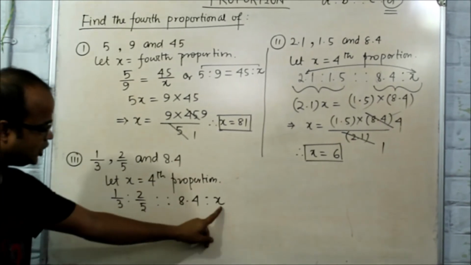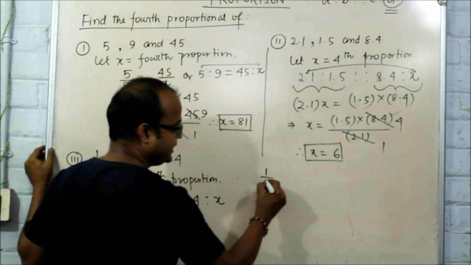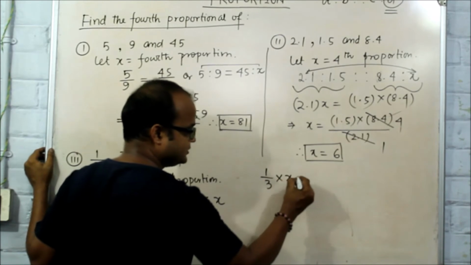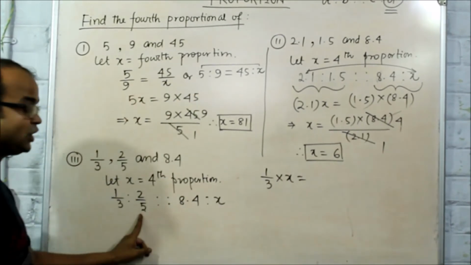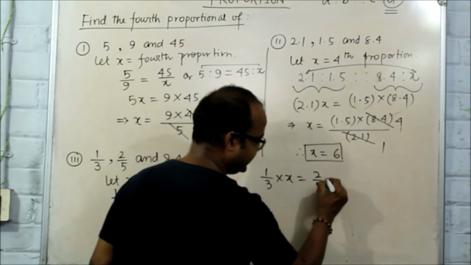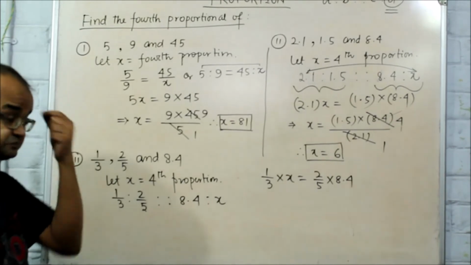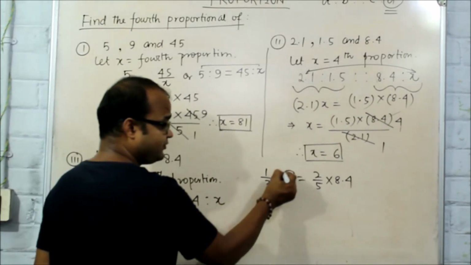Now product of extreme, that is 1 by 3 into x is equal to product of mean, that is equal to 2 by 5 into 8.4. Clear?